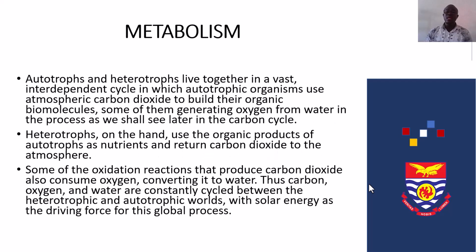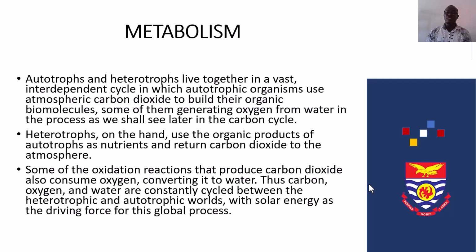Autotrophs and heterotrophs live together in a vast interdependent cycle in which autotrophic organisms use atmospheric carbon dioxide to build their organic biomolecules, some of them generating oxygen from water in the process, as we shall see later in the carbon cycle. Heterotrophs, on the other hand, use the organic products of autotrophs as nutrients and return carbon dioxide to the atmosphere.